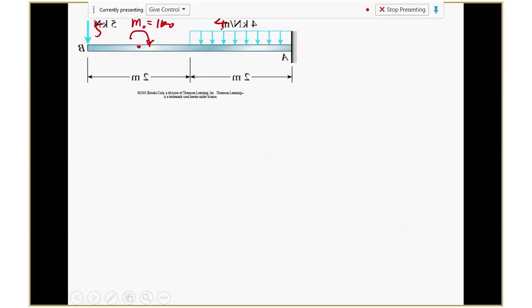For this one, the length is 10 meters, so you have 5 meters here and 5 meters here. Now where is this one? We need to give a distance. How about 2 meters long? 2 meters here. This 2 meters.